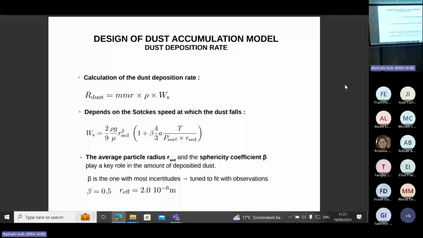For example, in most general circulation models, you use this equation, but instead of using a constant effective radius, the effective radius becomes a 4D field, depending on time and space. But we used only an average value of what the particle size should be near the surface. I don't have any comparison here between my dust deposition rates and other models. But yeah, that could be done.